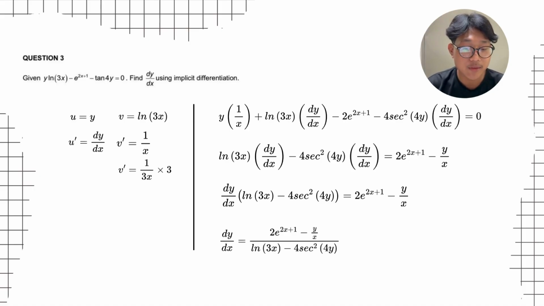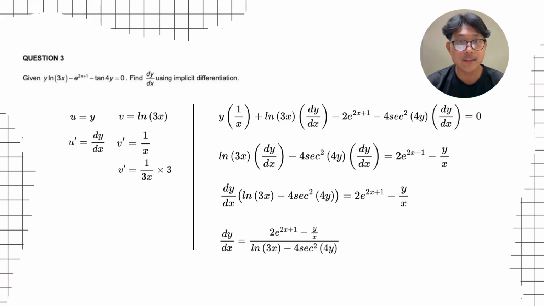So the next step is we need to separate and group the expressions with dy/dx and put them on the left hand side, and the others on the right hand side. So we will get ln 3x times dy/dx minus 4 sec squared 4y times dy/dx equal to 2e to the power of 2x plus 1 minus y over x.